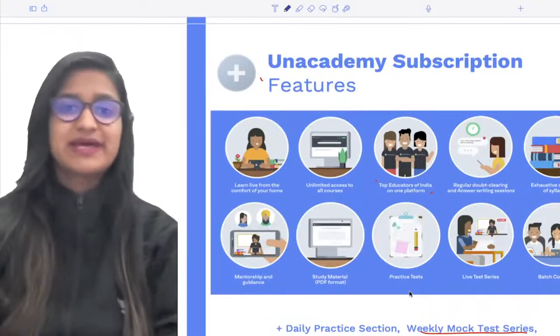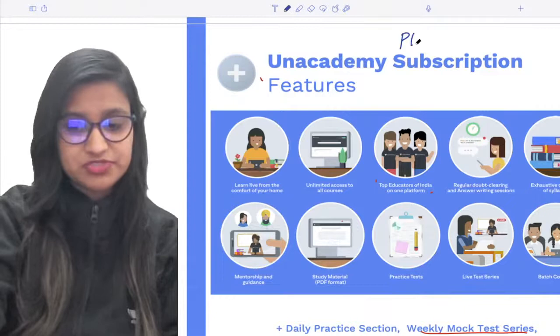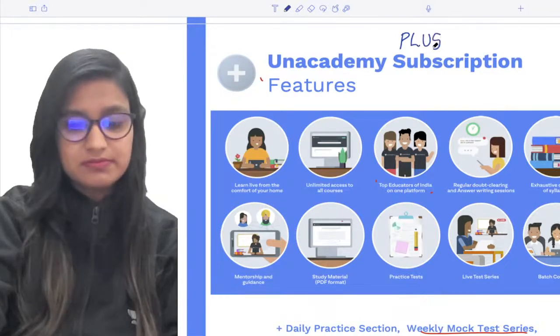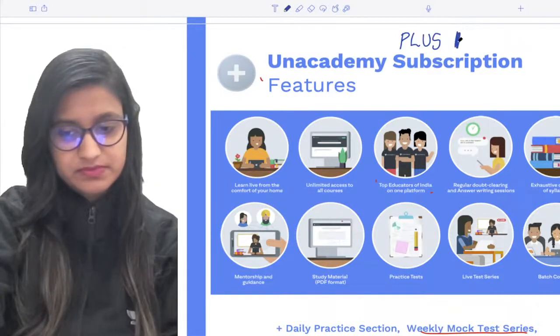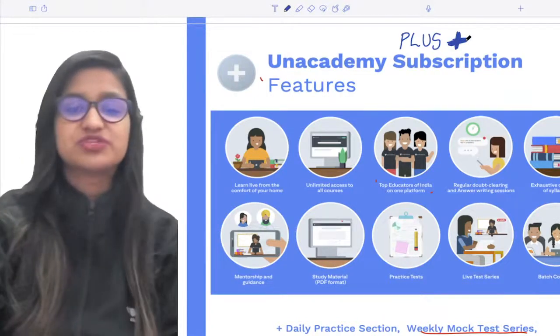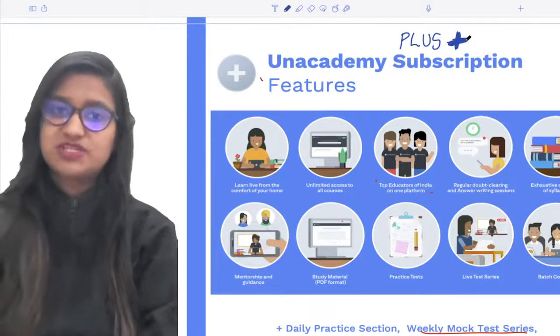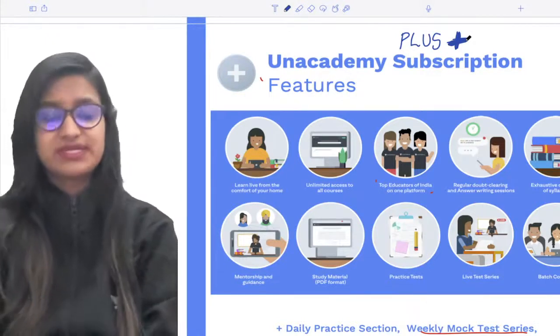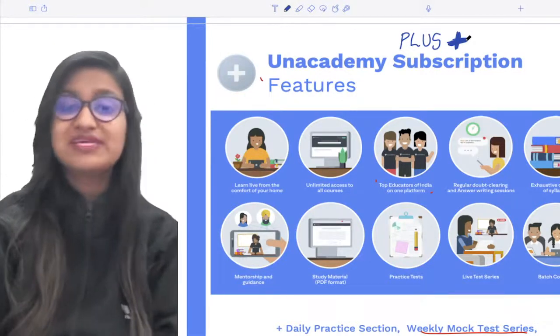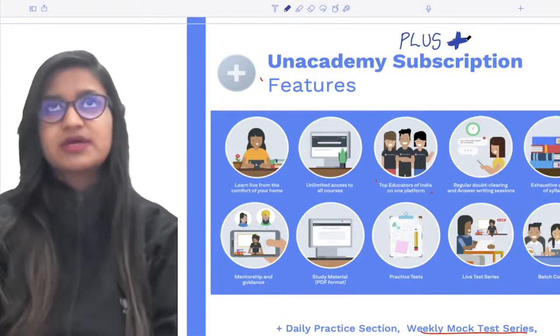Then, as I was telling you about Unacademy Plus subscription features, if you take the Plus subscription, then how is it different? How will you feel the difference?